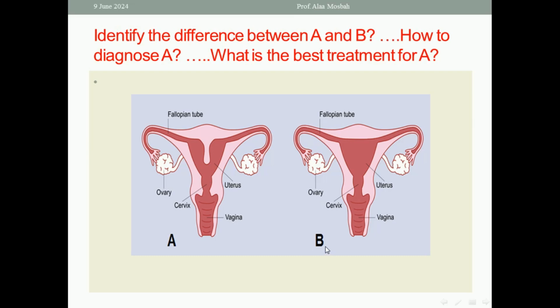What is the best treatment of uterine septum in A? Hysteroscopic metroplasty or hysteroscopic resection of uterine septum is the best line of treatment. However, if asymptomatic and no complications, you may do just follow-up for the patient.